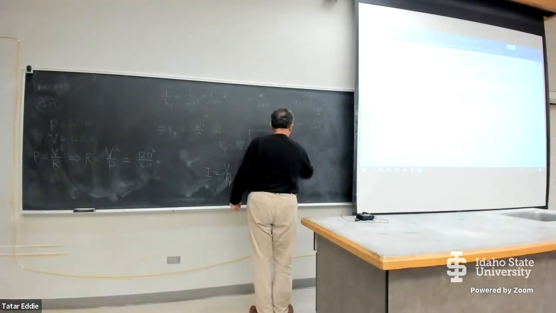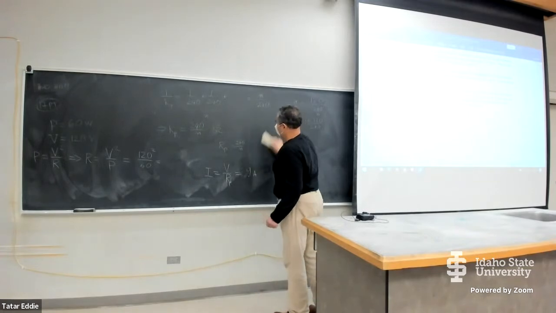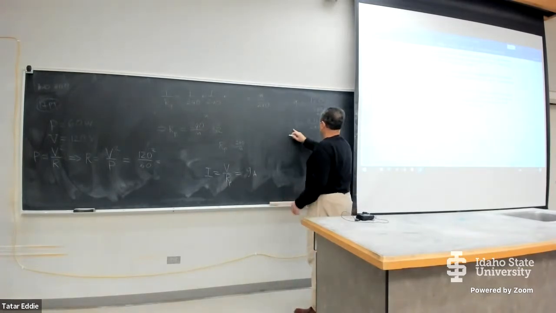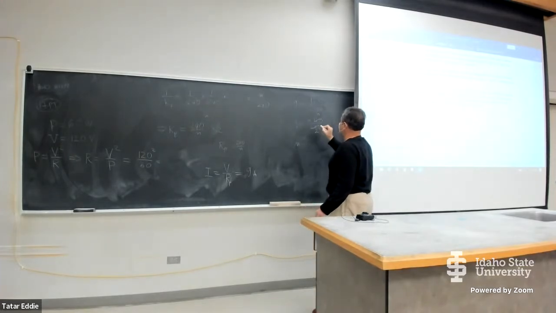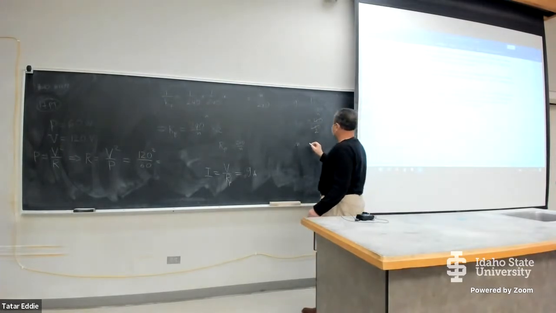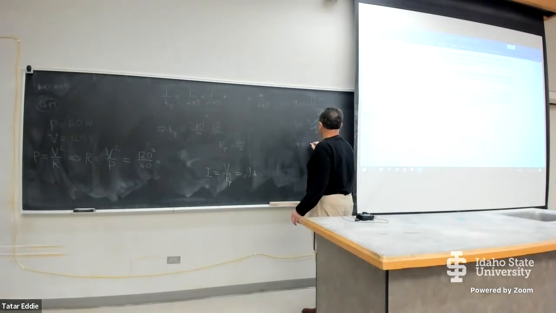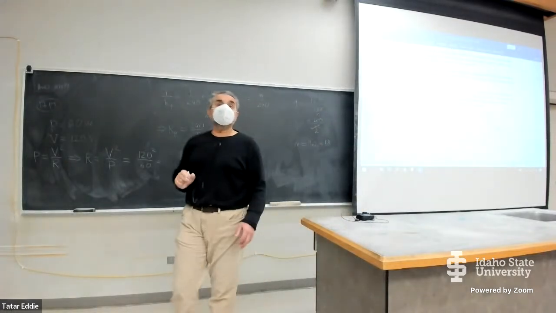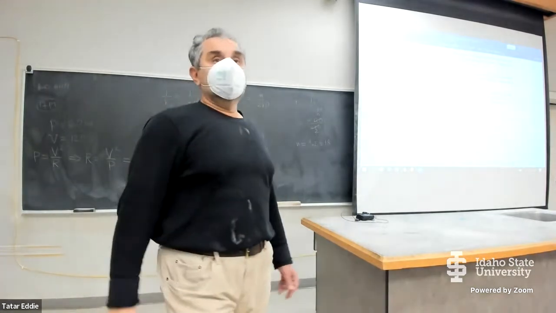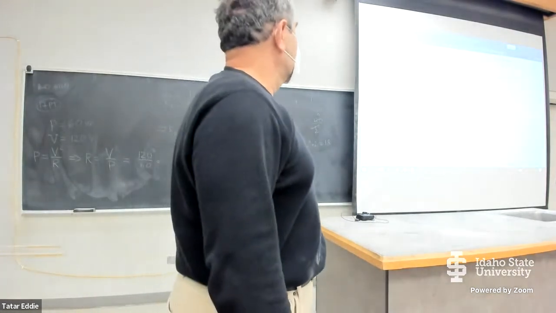In other words, n, well, you can cancel if you want, this is 2, and therefore n is equal to 9 times 2, 18. So if you put 18 light bulbs, the fuse is going to burn.